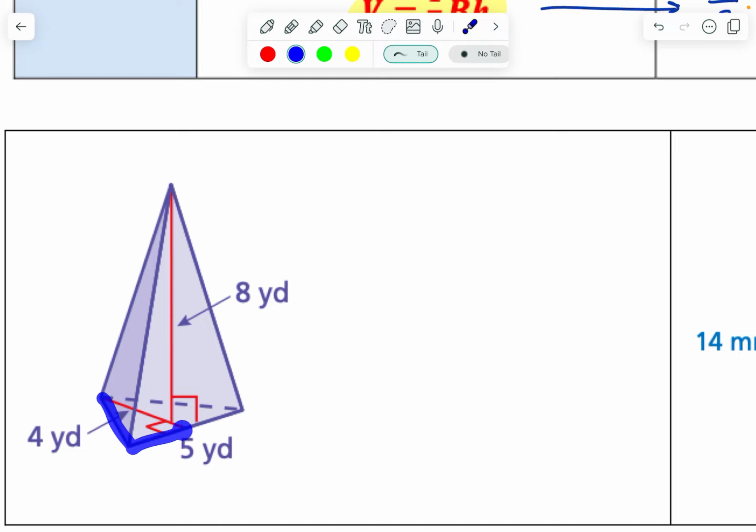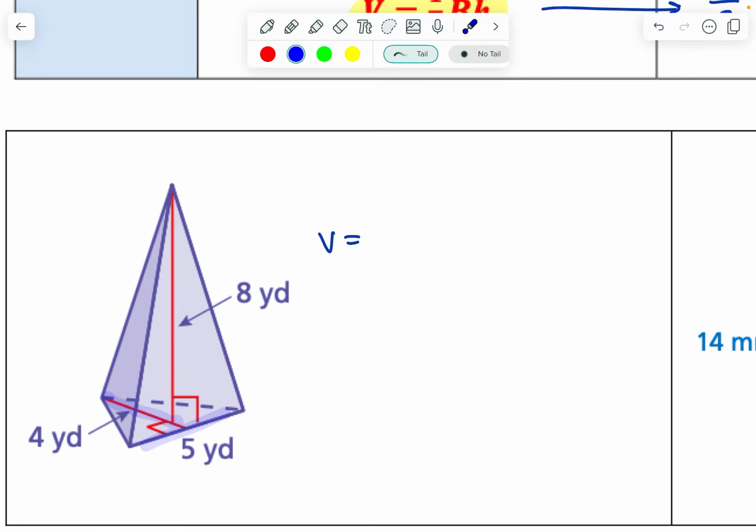This is a triangular pyramid that has dimensions. Base is 5. Height of that pyramid, height not of the pyramid. Height of the base is 4. 1/3 times area of the base.